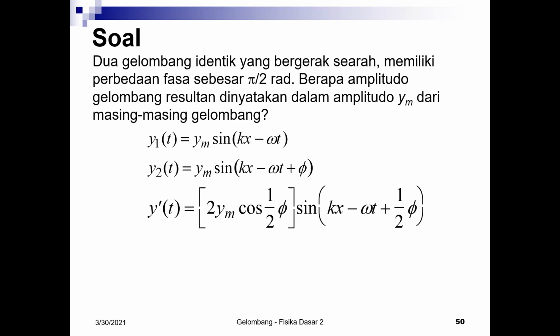So, for example, we have Y1 and Y2 like this, okay? So they move in the same direction, to the left and to the right, but they have different phase, okay? So from the sinusoidal properties, we will get this function.